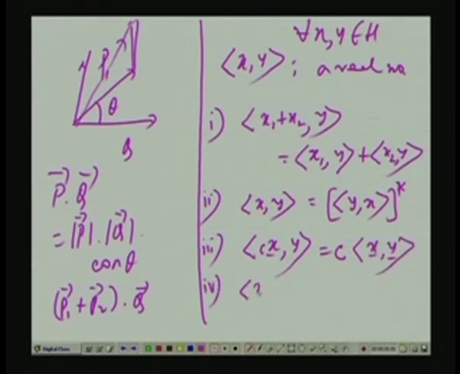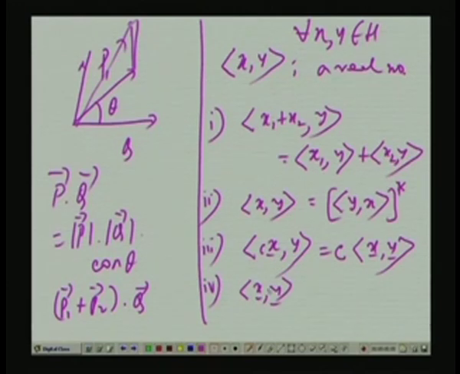If you take the inner product with itself, like p dot p, it is nothing but length p square, because theta is 0, cos 0 is 1, length p square, which is a real number always and always greater than or equal to 0. It is 0 only if p is a 0 vector.